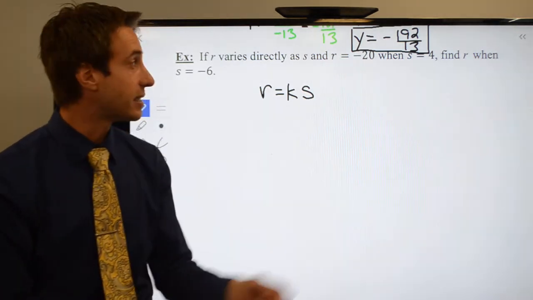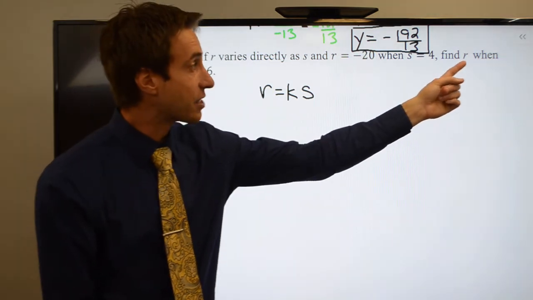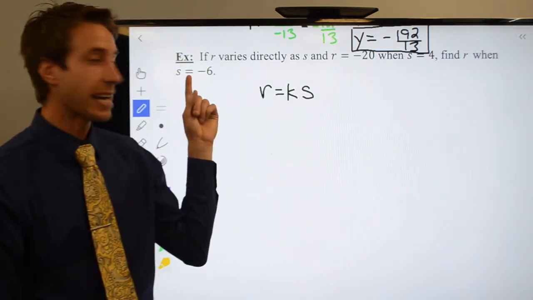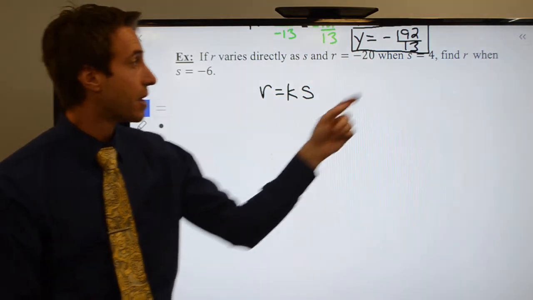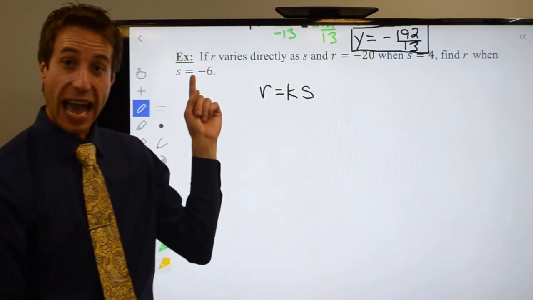Now what I notice is that I'm given an initial value of R and an initial value of S. I'm asked to find R when S changes to a -6. This is my R1, S1. This is my R2, S2.